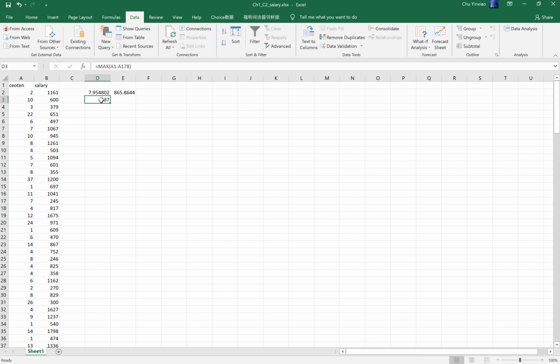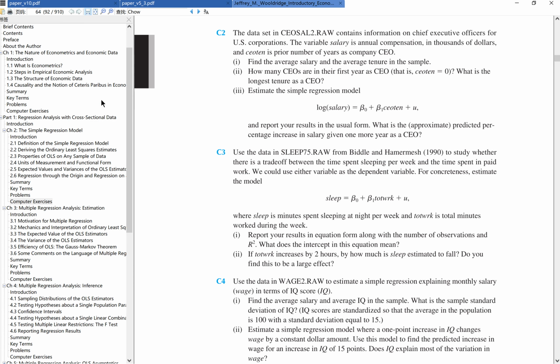So the longest tenure is almost 38 years. You could add one more year, because this is how many years prior to this year. So the answer to this question is 37. Simply find the maximum of CEO tenure.